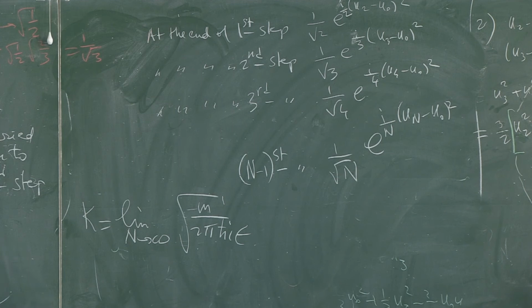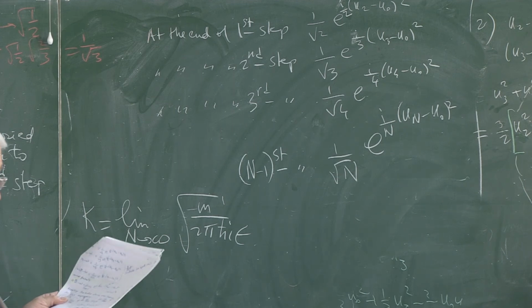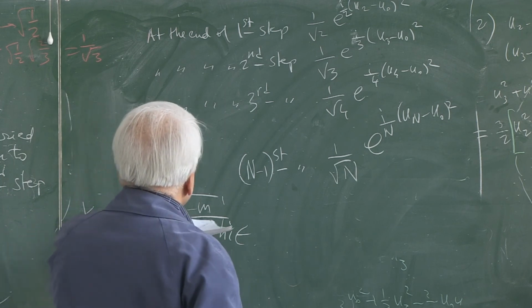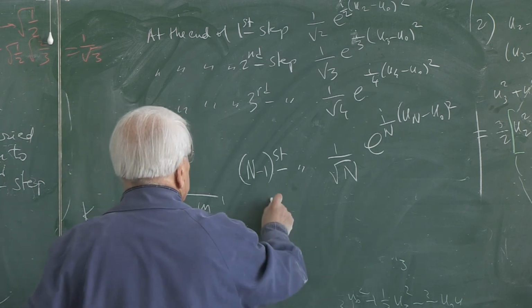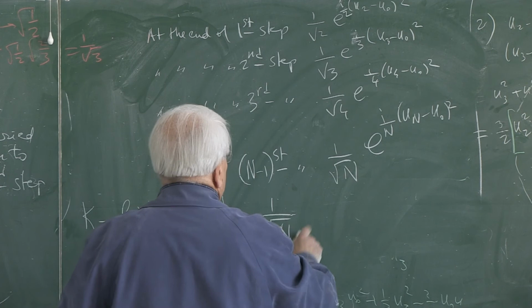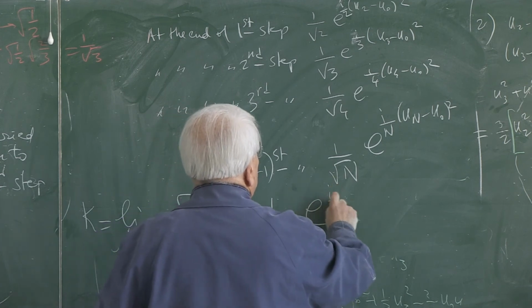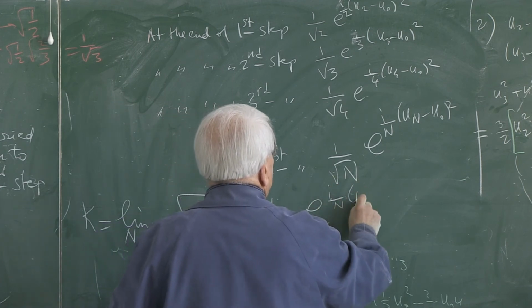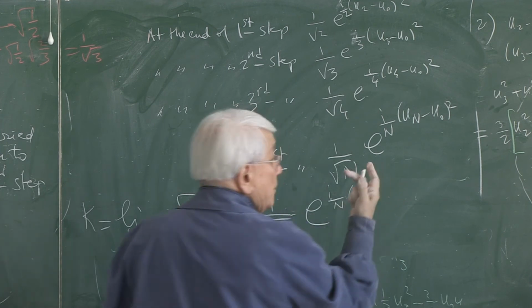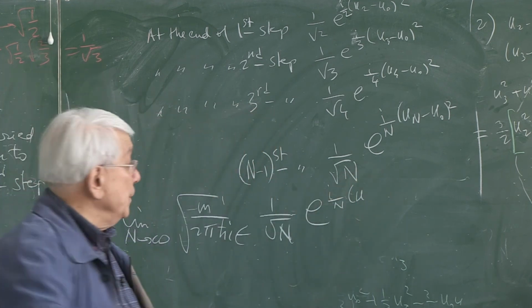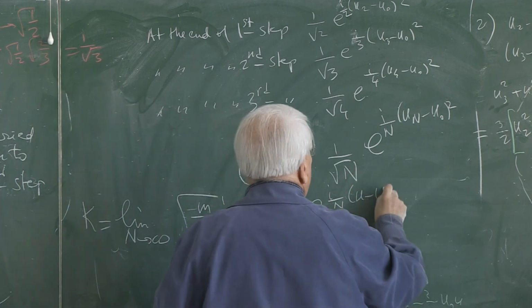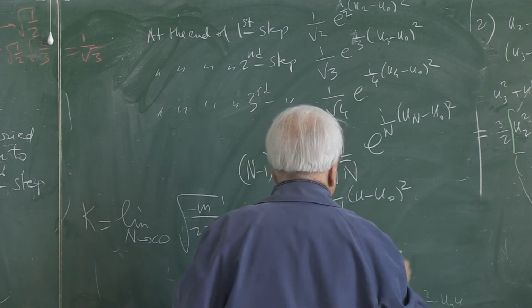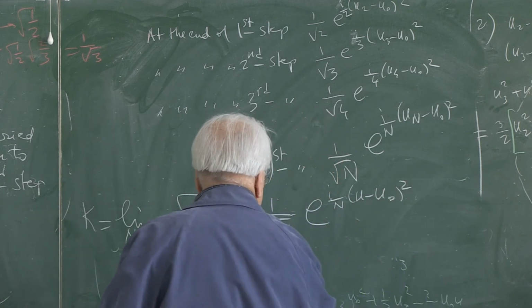If I were a symmetric crazy guy, I would have dropped this, and if I dropped it, you see, I would have been in trouble indeed. So this is what I have, times i over n, un, which is u, the last point is my final point, u minus u0. Wow, that's it. These were the results that I was trying to get, right?